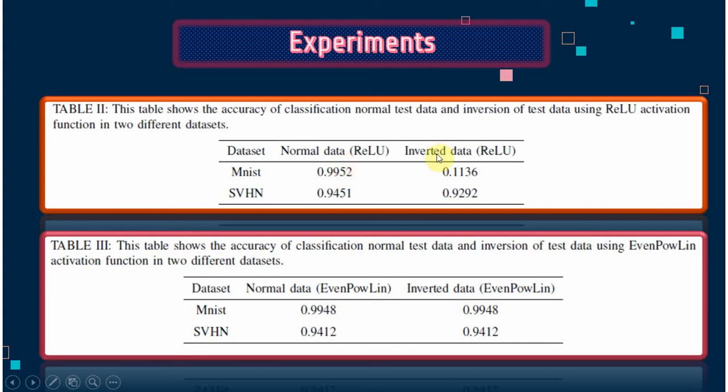However, when we inverted the data, we got 11%. And if we use even polylinear just at the first layer of the CNN, we have the same percentage on the inverted data.